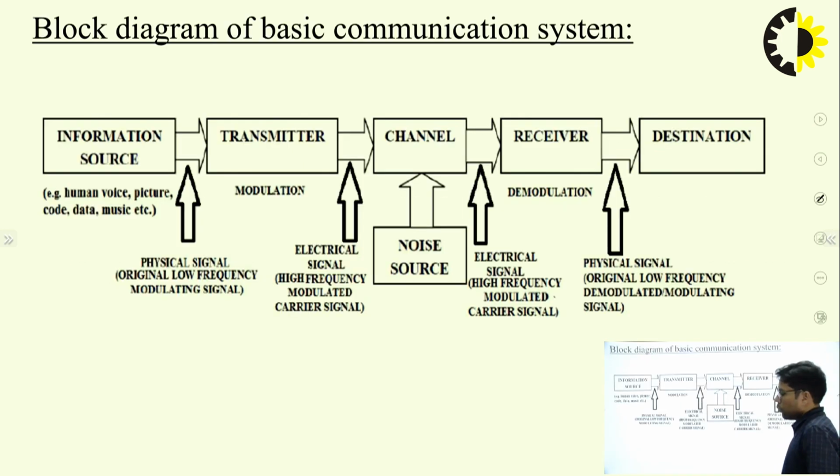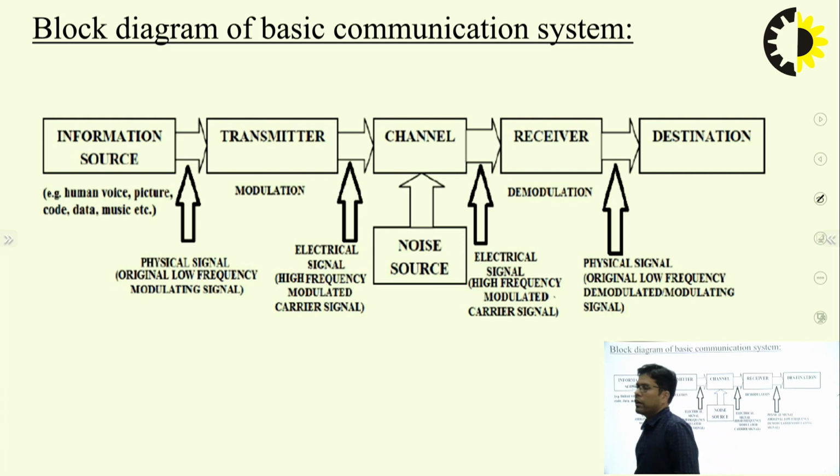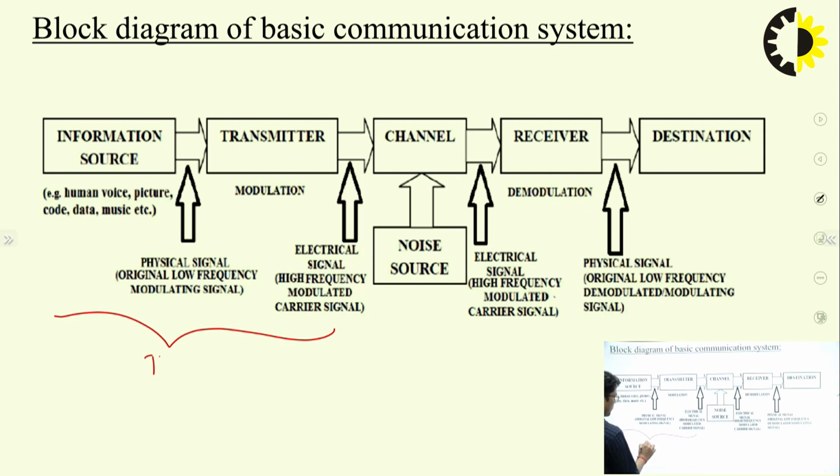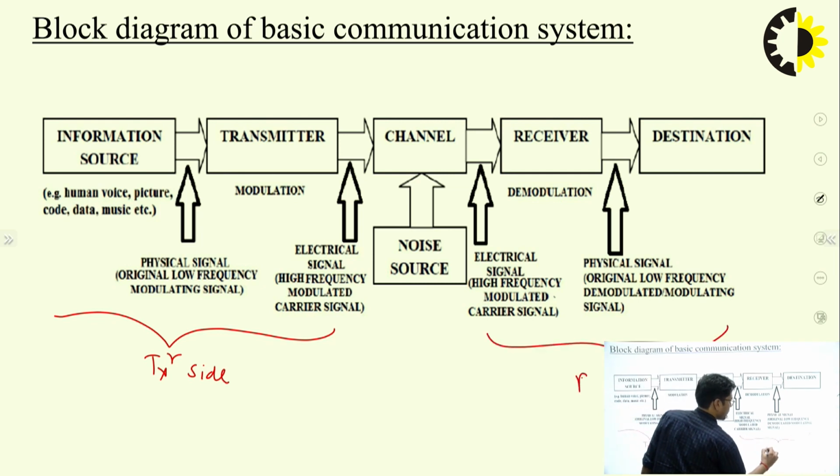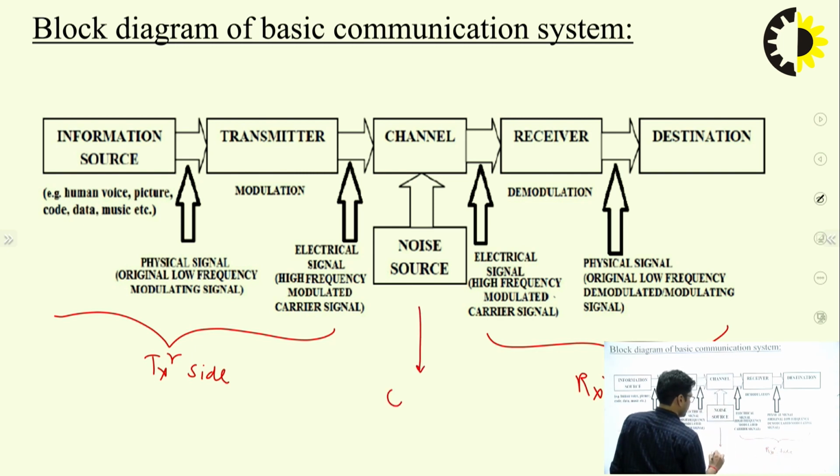Now, what is the basic block diagram of the communication system? This one is the basic communication system block diagram. If I talk about the basic building blocks of the communication system, there would be only 3 blocks. The first one is the transmitter side, the second one is the receiver side, and the third one is the channel.